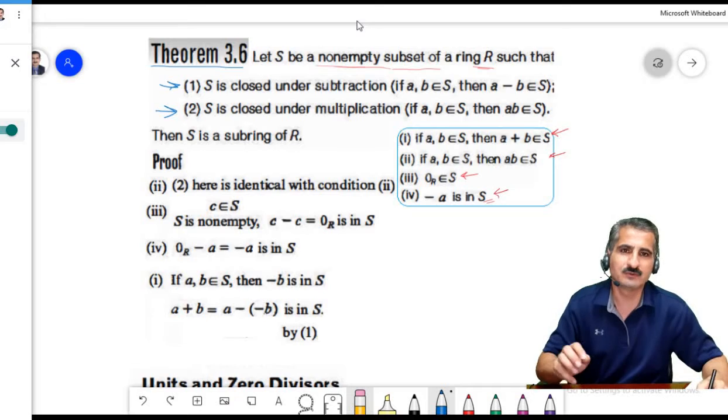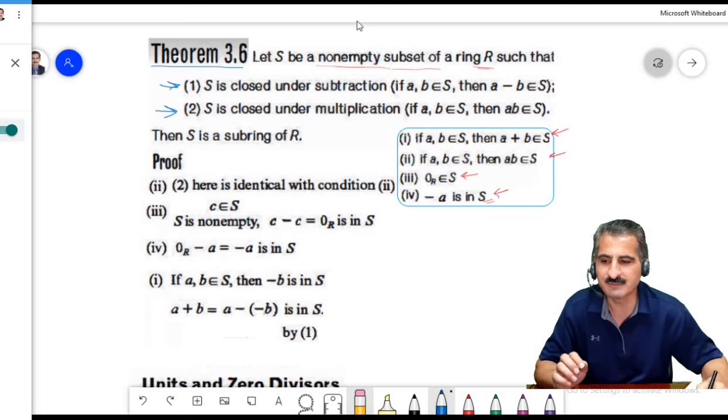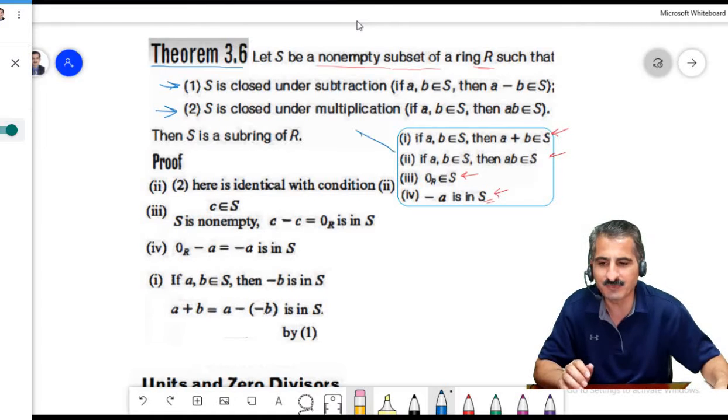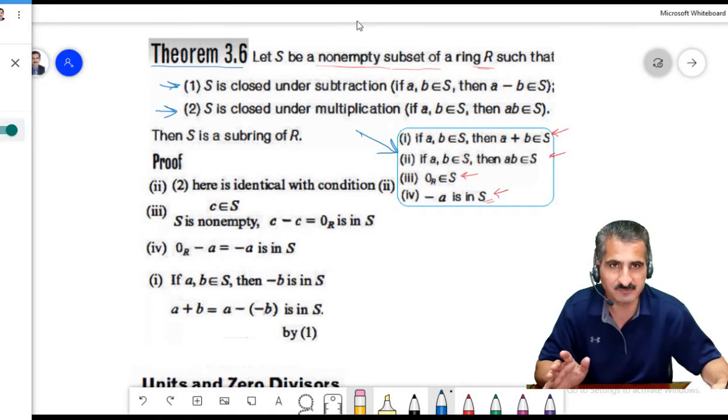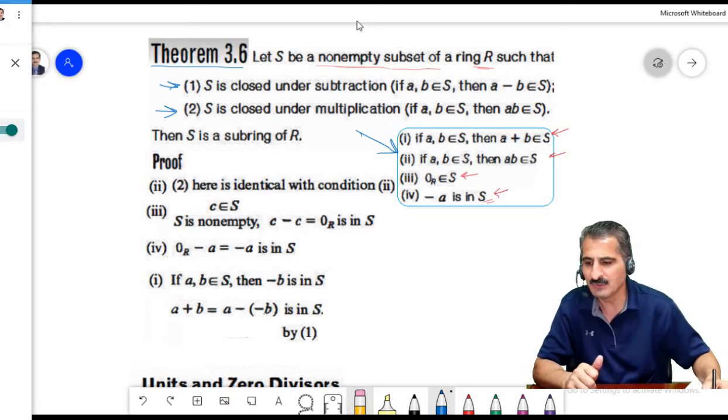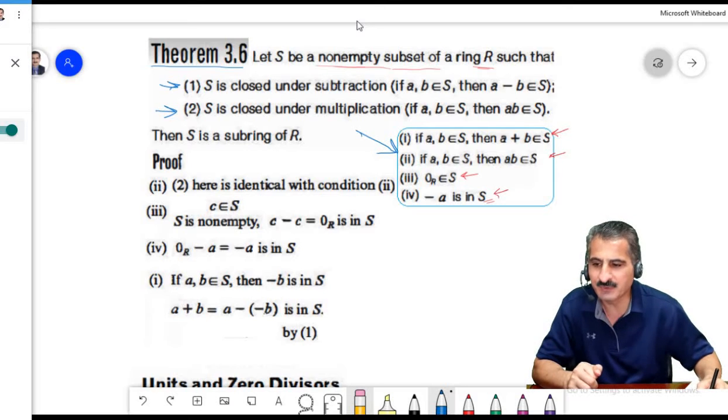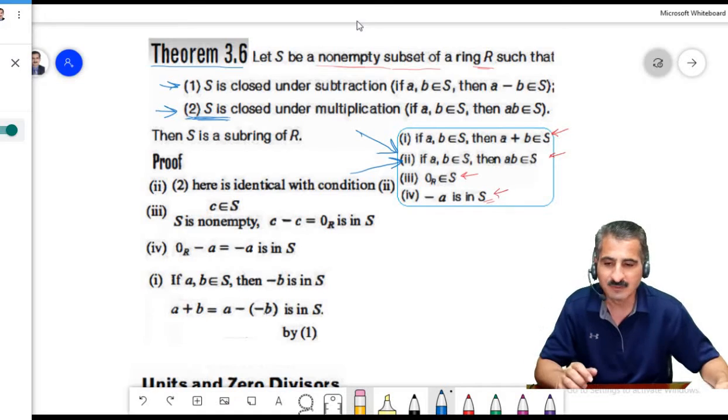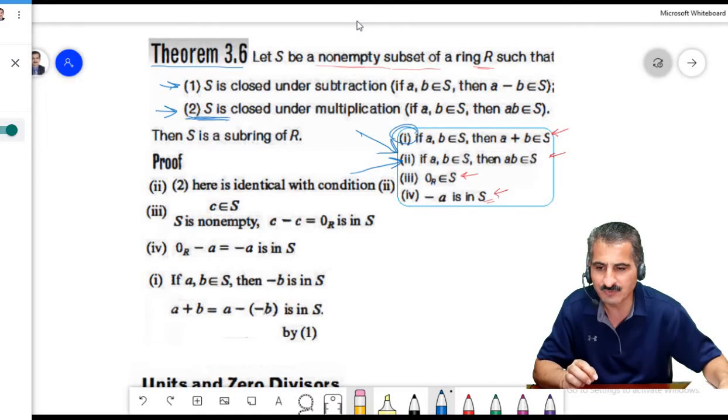And to be able to do so, we must show that these 2 conditions guarantee the 4 axioms. Now, to prove it, let's start with 2. Here it is identical with condition 2. So this part 2 guarantees condition 2 for us, and this condition is done. Then we need to show condition 1 here, and 3 and 4.